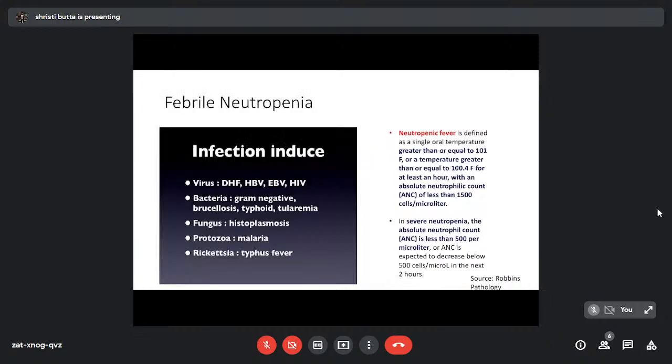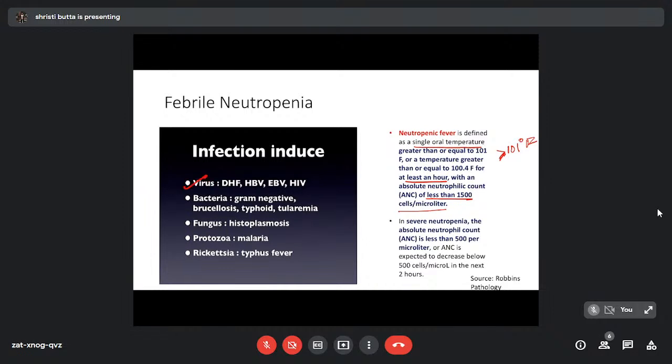Now, what is febrile neutropenia? Neutropenic fever is defined as a single oral body temperature that is greater than or equal to 101 degrees Fahrenheit, or a temperature that is greater than or equal to 100.4 degrees Fahrenheit for at least an hour, with an absolute neutrophil count which is less than 1500 per microliter.